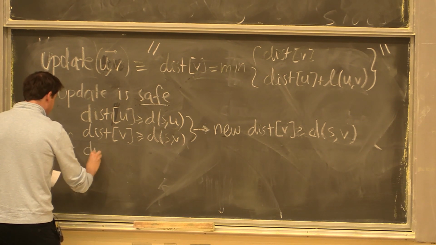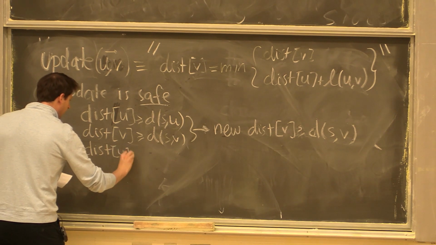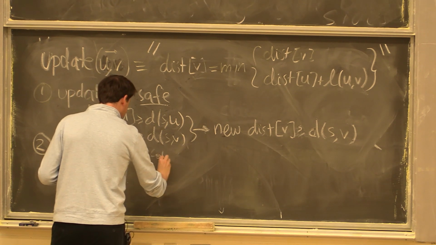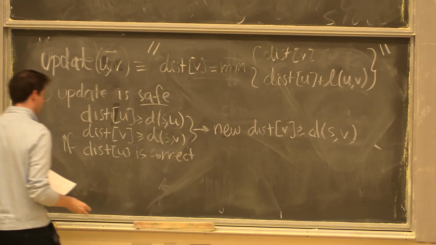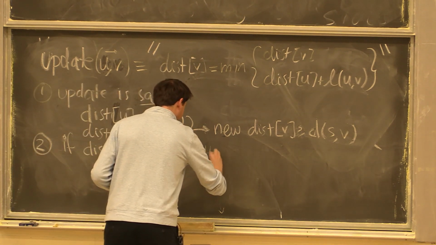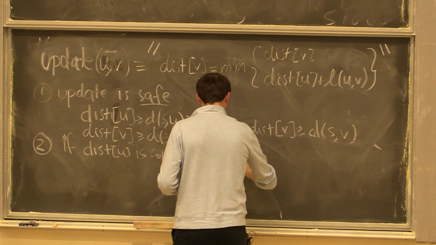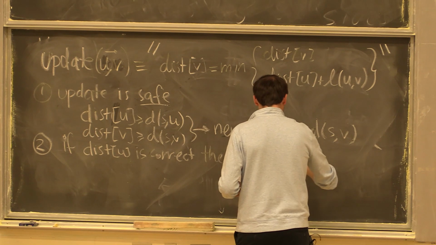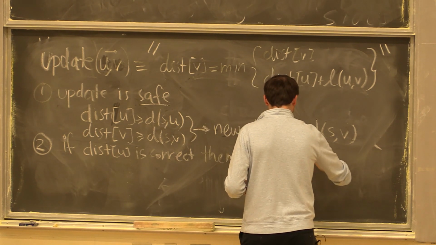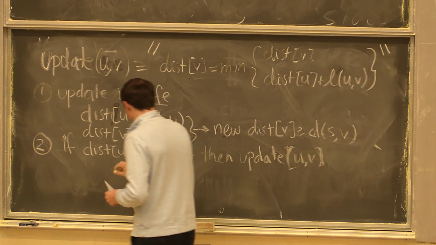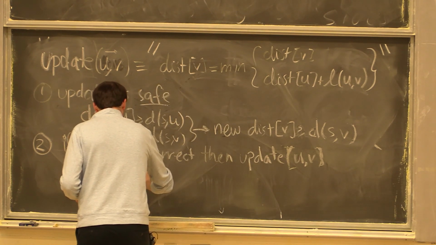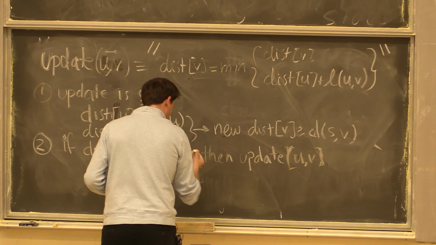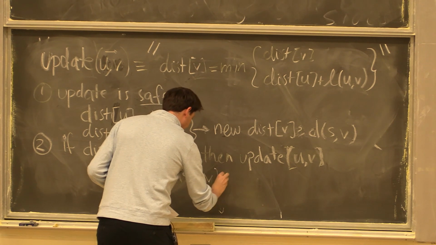So I'm going to say if dist of u is correct, then update run on u and v makes dist of v also correct.